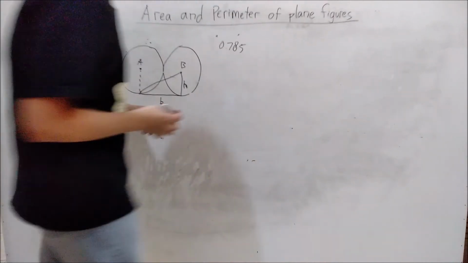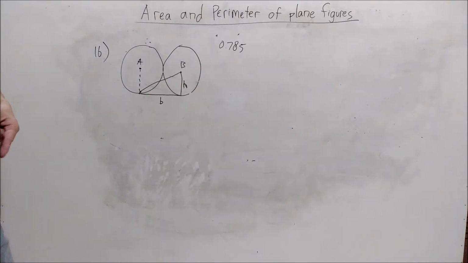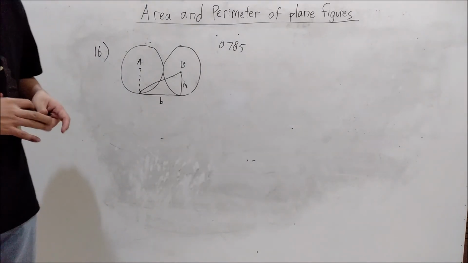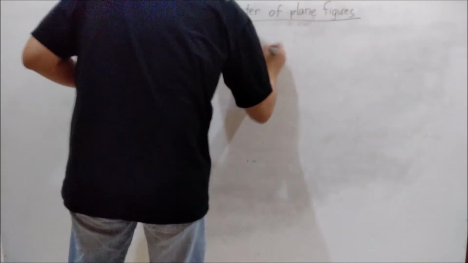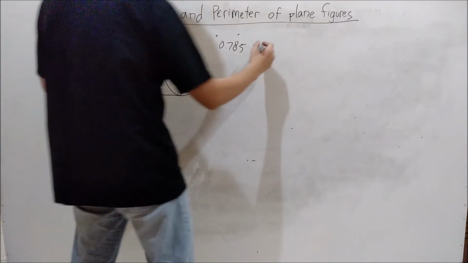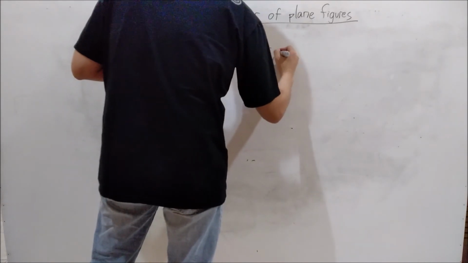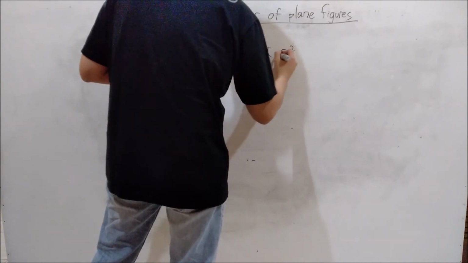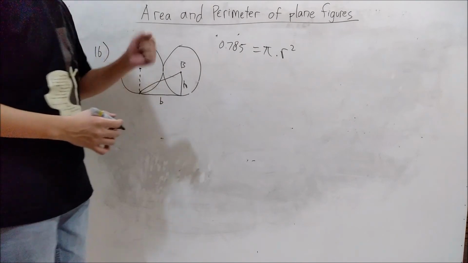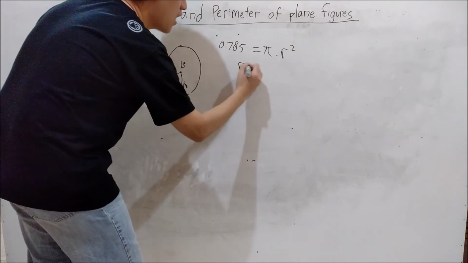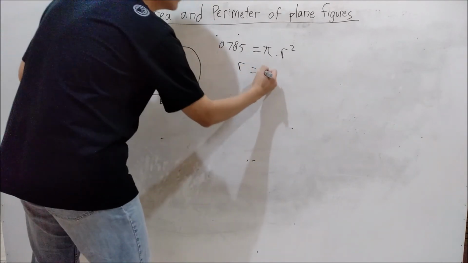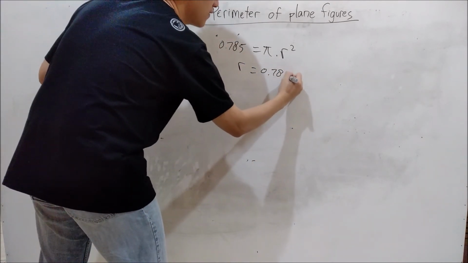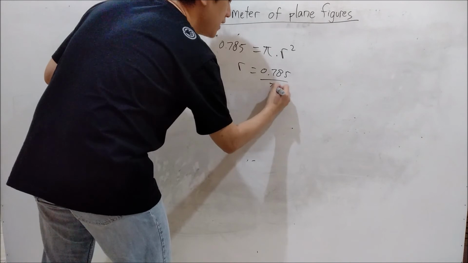0.785 is the area of the circle, right? So what you will do is, the area of the circle equals pi r squared. So you will find the r. r will be 0.785 divided by pi.